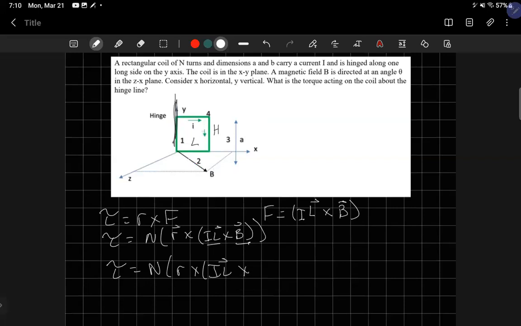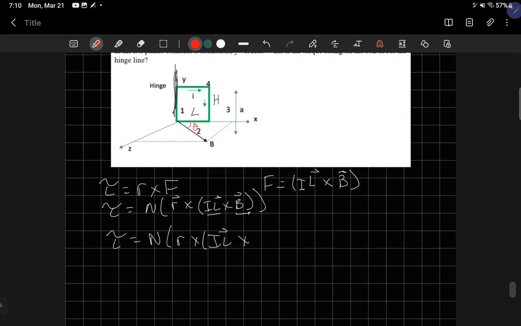Down there, I'll call this theta. B sine theta K. Sine is opposite over hypotenuse, yeah. Sine theta K plus cosine theta I. Okay.